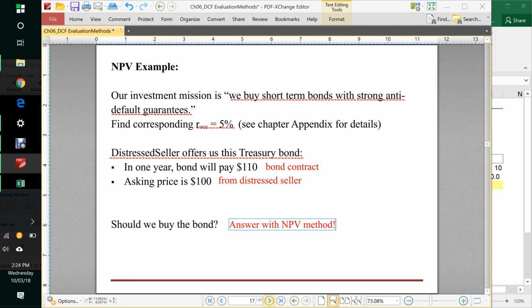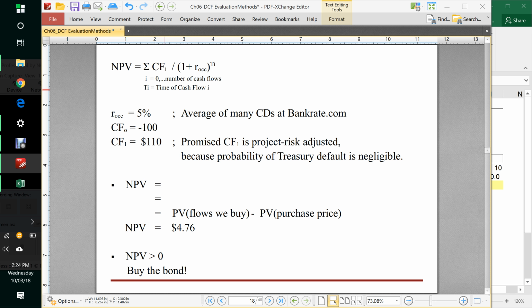All right, so let's go ahead and do that. We have our NPV evaluation formula up here, and all we need to do is plug in. We know our opportunity cost of capital. We know if we do this deal, we have to pay 100 now. Treasury says we're going to get 110 in a year.